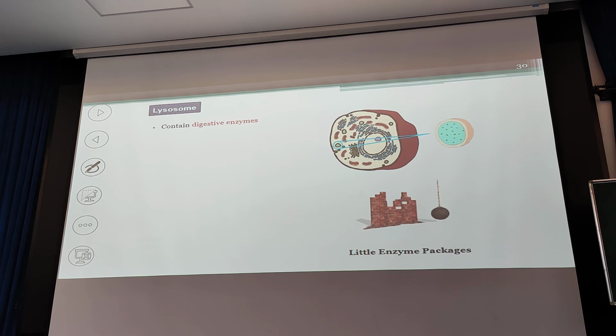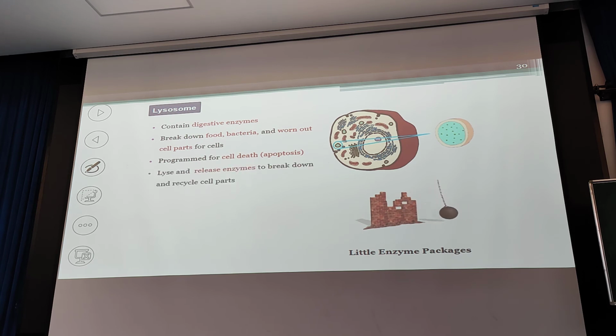These enzyme proteins were first created in various ways. The lysosome can break down food, bacteria, and worn-out cell parts. It is also involved in the program for cell death, which we call apoptosis, which we covered in lesson number 10. They can also lyse and release enzymes to break down and recycle cell parts.